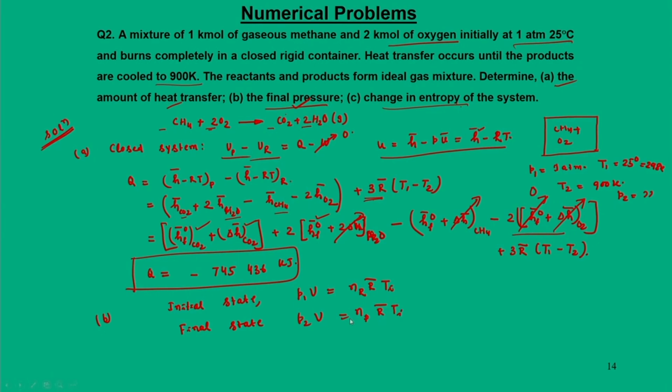Both NR and NP are the same and V is the same. So we can find P2 is equal to T2 by T1 into P1. We know T1, T2 and P1, so this number would be 3 atmosphere. So we got the information of P2.